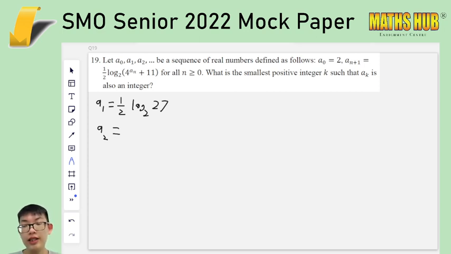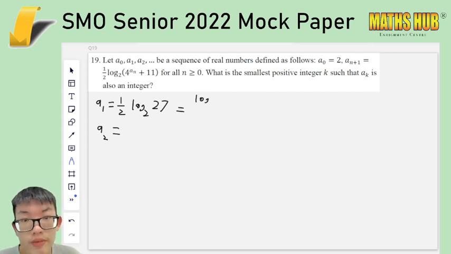But here's where there is a simple but quite useful idea. You can use a change of base to make it into log base 4. You just say this is log base 2 of 27 over log base 2 of 4. So this is actually log base 4 of 27.